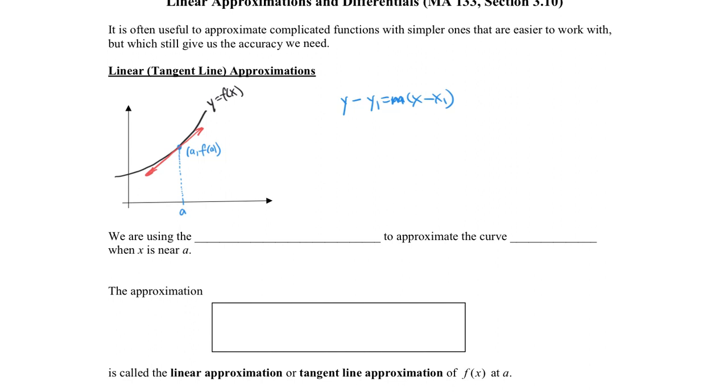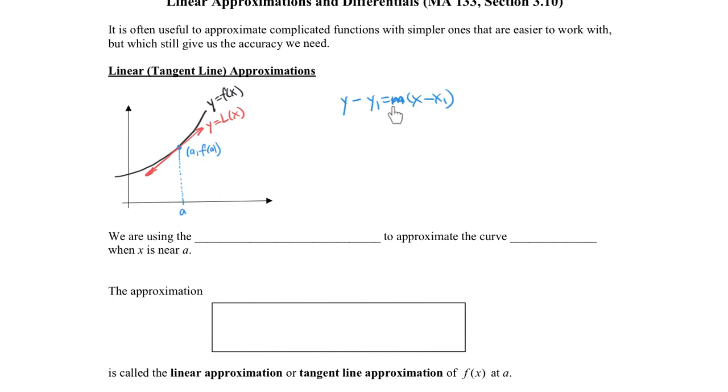So if we come up with the equation of this red line, this tangent line here, we'll even give it a name. We'll say this line is y equals L of x. L for line, a straight line. So if we plug this in, we've got this point x1, y1, right?